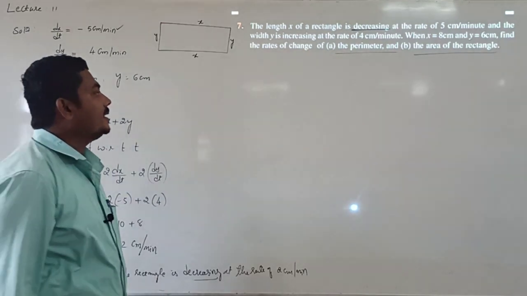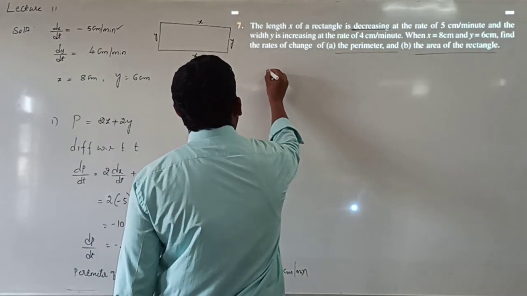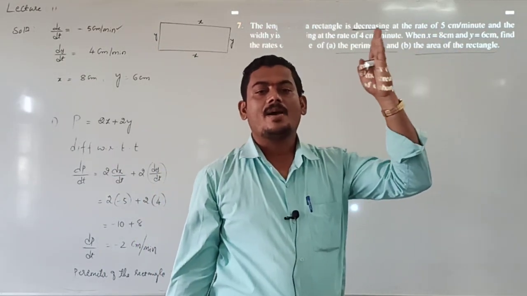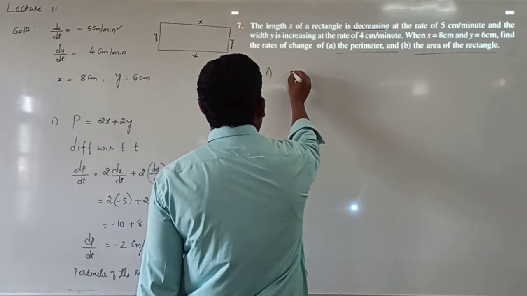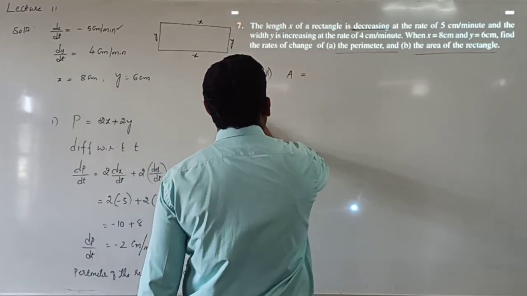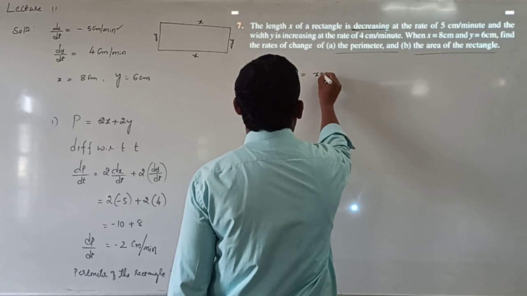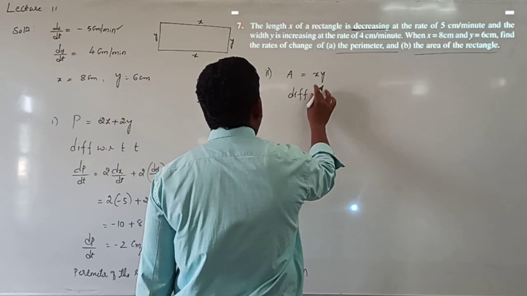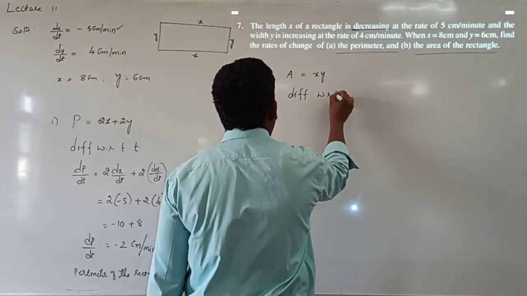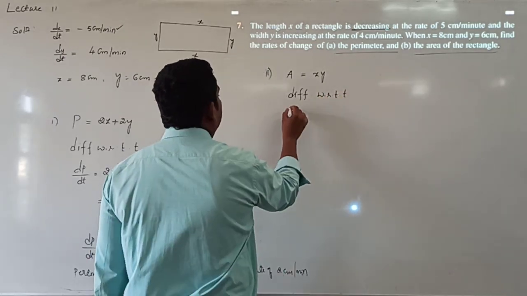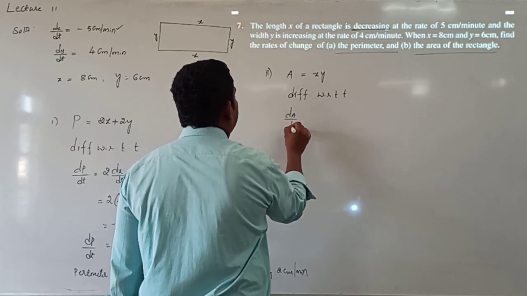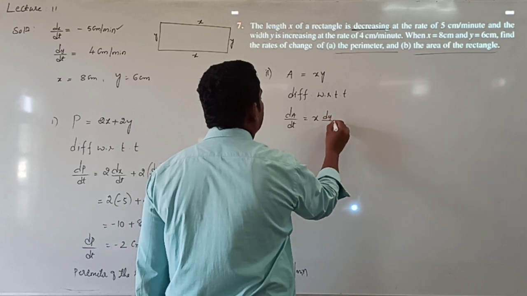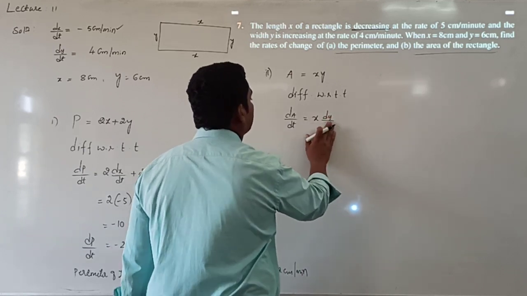Next, second part, find the rate of change of area of the rectangle. Area of the rectangle formula, length into breadth. Now differentiate with respect to time only. Then dA divided by dt is equal to x as it is, y differentiation dy by dt.